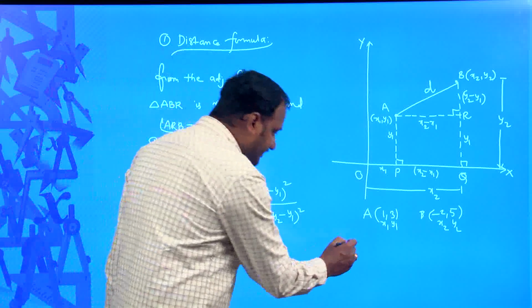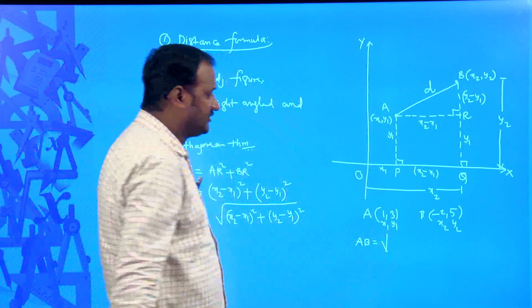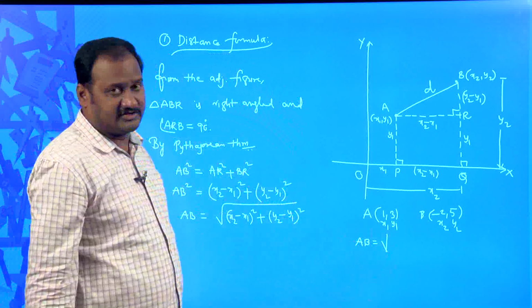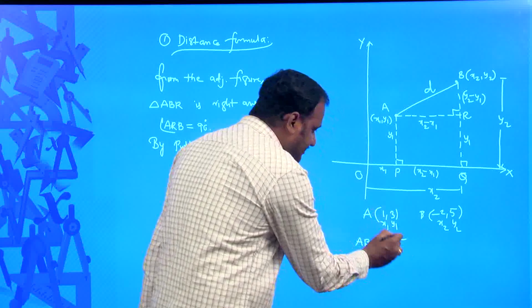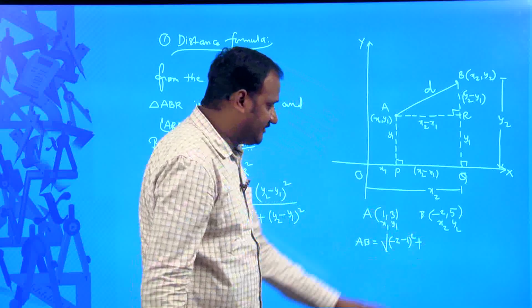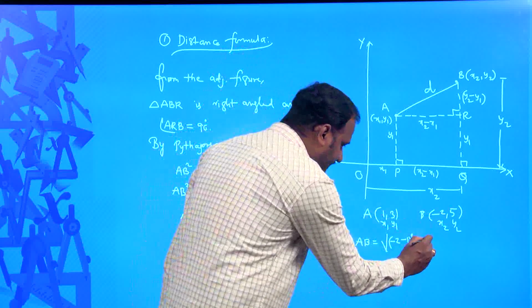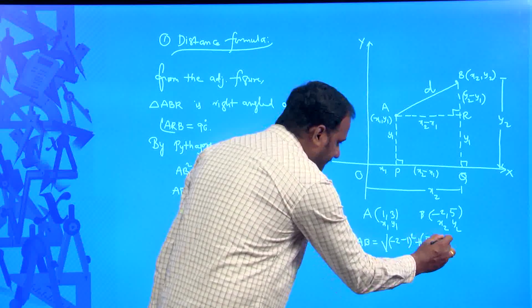So AB is equal to the square root of x2 minus x1 whole square. What is x2 here? x2 is equal to minus 2, minus x1 which is equal to 1, whole square, plus y2 which is 5, minus y1 which is 3, whole square, right.